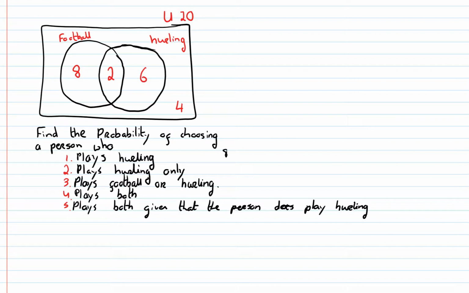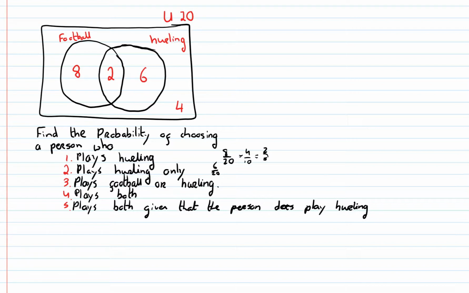So it's 8 out of 20, which is 4 out of 10, which is 2 out of 5. Okay. Next one, plays hurling only. Well that's 6 people out of 20. So 6 out of 20. Okay, and I'm not gonna make that fraction in its simplest form.